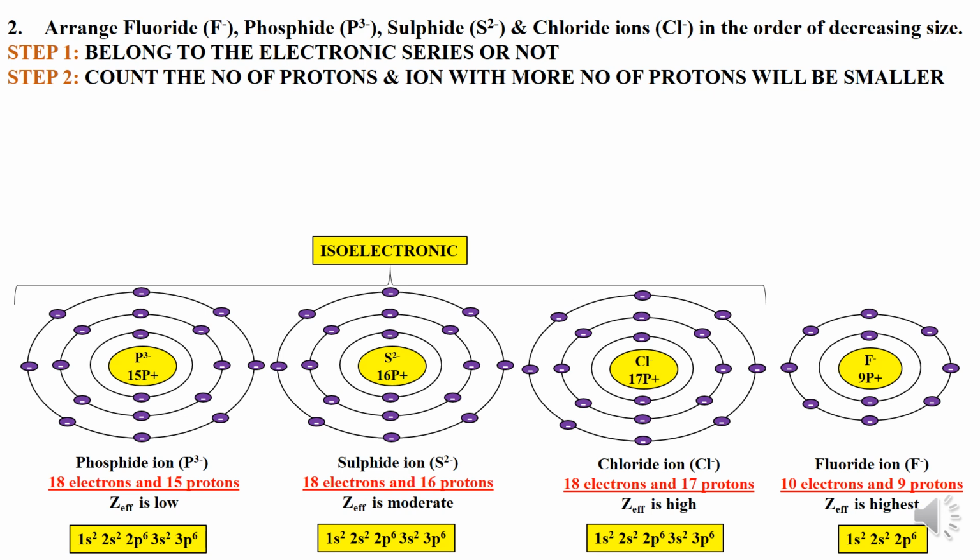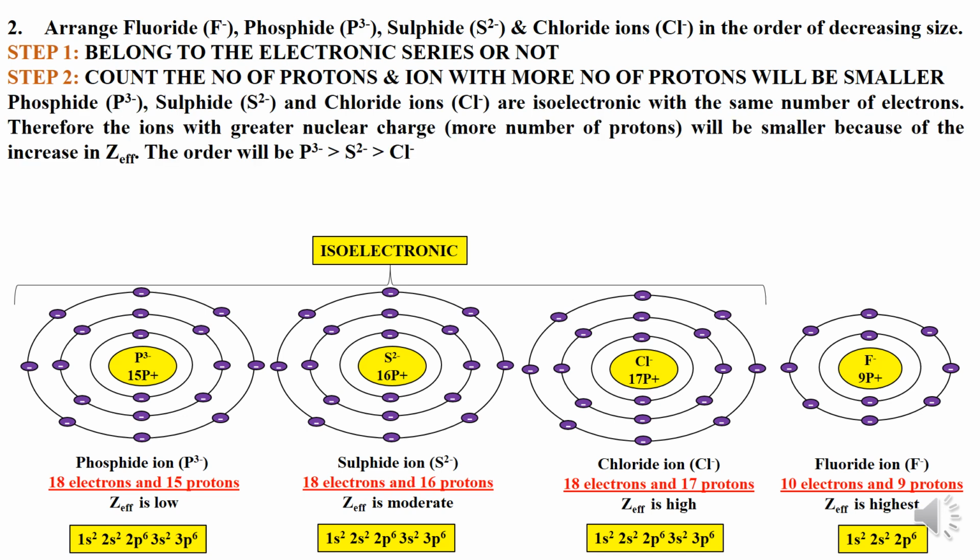You have to find the ion with more number of protons. So here you find that chloride ion is the one with more number of protons, that is 17, as compared to phosphide and sulfide ion, and therefore it will be the smaller ion. So the ion with more number of protons will be smaller. And therefore, the order will be phosphide greater than sulfide greater than chloride ion.